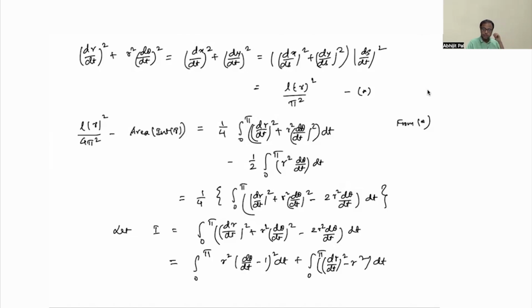So I can be written like this, and suppose this integral is I1 and this is I2. First of all, I1 is greater than or equal to 0. And what about I2?